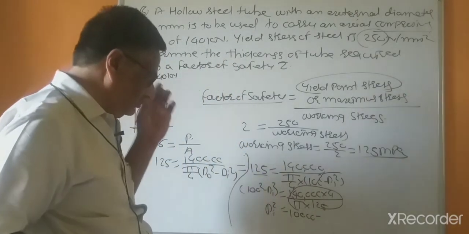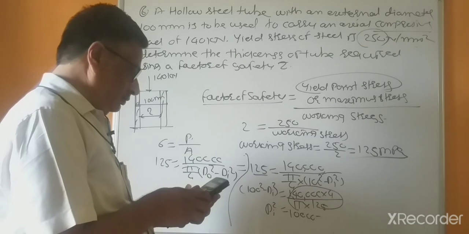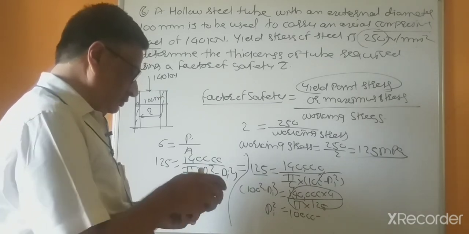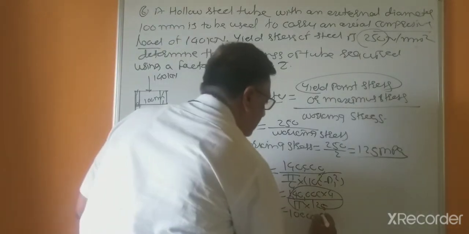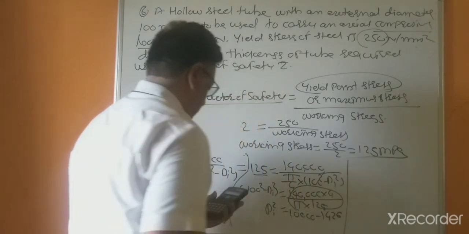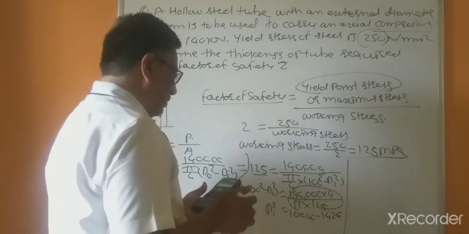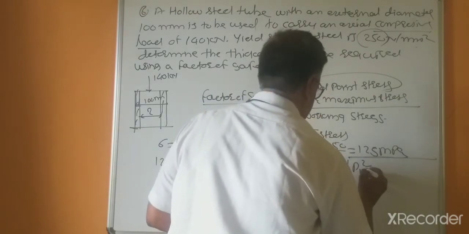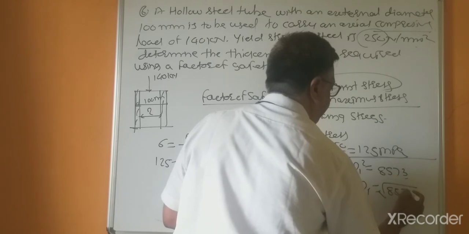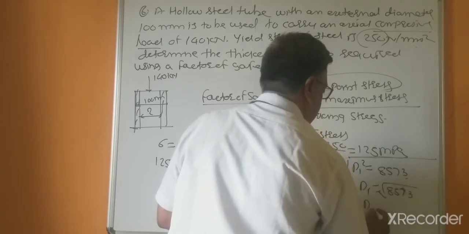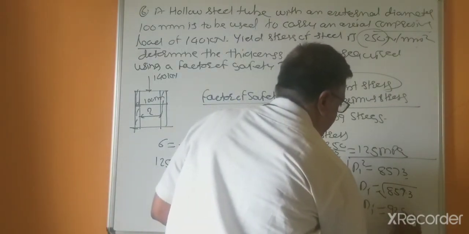So what may it be? This is 1426 minus, so the inner diameter squared is equal to 8573, or the inner diameter equals, this is your expected answer, 92.59 mm.